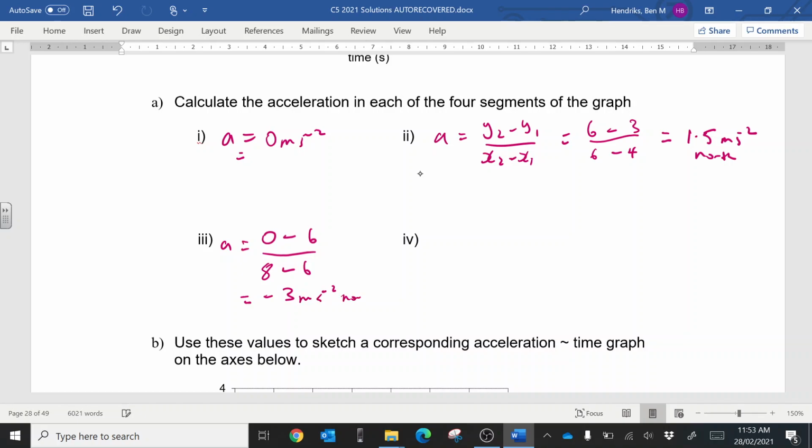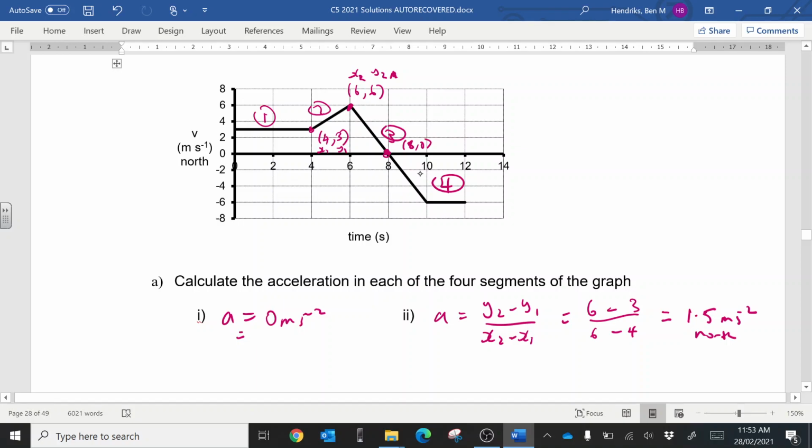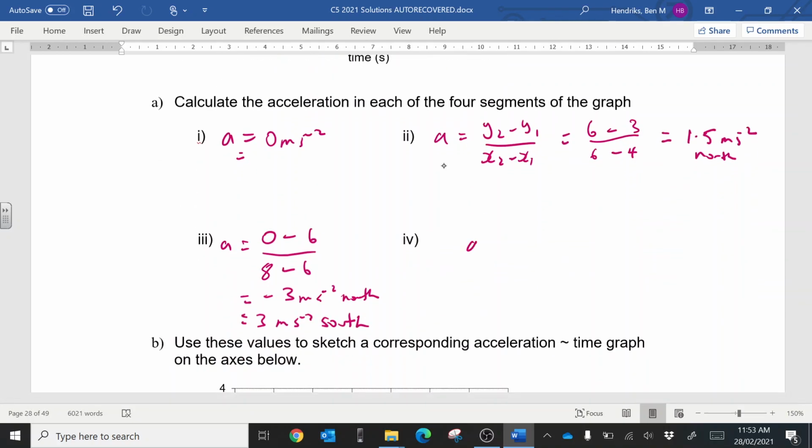And again, north, so you could say that is 3 meters per second squared south. And finally, for our fourth point here, a is equal to 0 again, because it's a flat line, so there's no rise, which means a is equal to 0 meters per second squared.